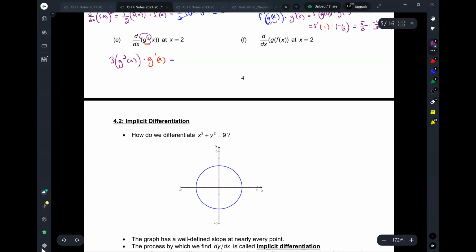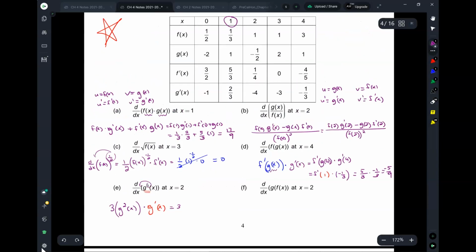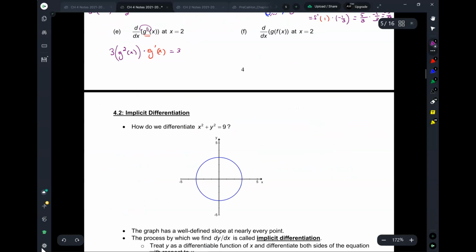Evaluated at 2, that's 3 times, what's g of x at 2? Negative half, but that's squared, right? 1/4, yep, 1/4 times g prime of 2 is negative 4.